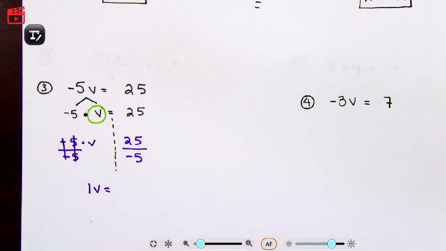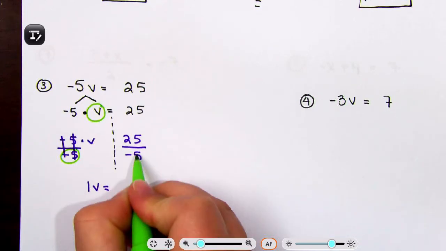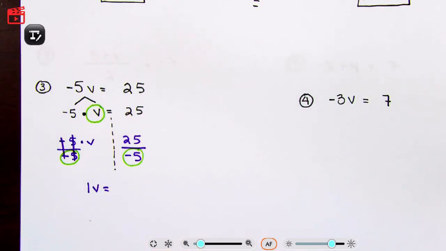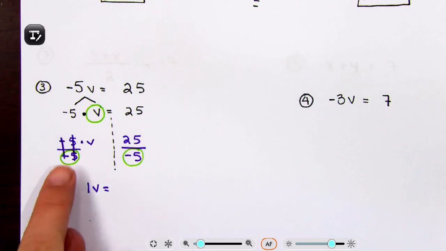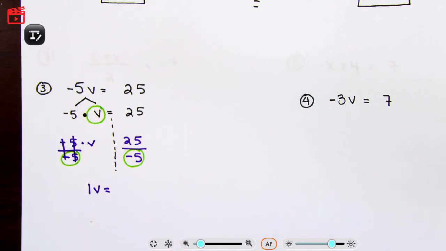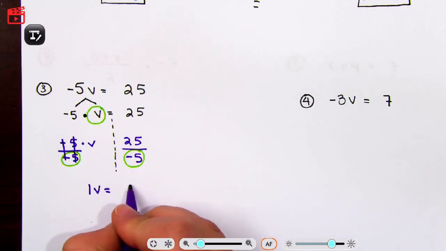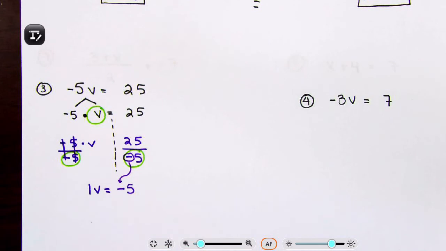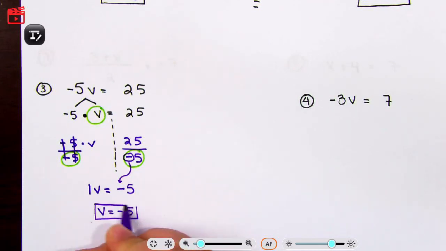Now notice that I divided by -5 here, and I also divided by -5 here. You still have to do the same step to both sides. So make sure that if you are dividing by a number, you divide by that same number on the opposite side. 25 divided by 5 is 5. I have one negative, so I'm going to bring that down here. That means v is equal to -5 as my final answer.